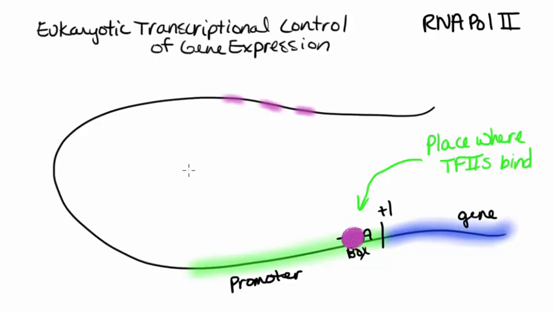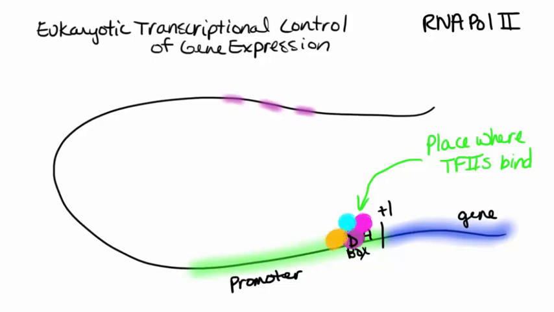So I'm going to show it right here on top of the TATA box, and I'll just label it here. This is going to be D, or transcription factor IID. And once that particular transcription factor binds, then it does recruit additional transcription factors to bind. So there will be a number of other ones that bind, and I'm just going to show a few different ones collected here on top of the TATA box and in this general area.